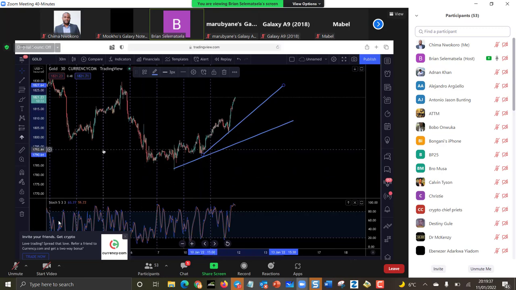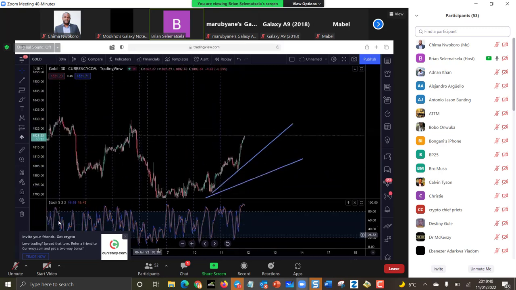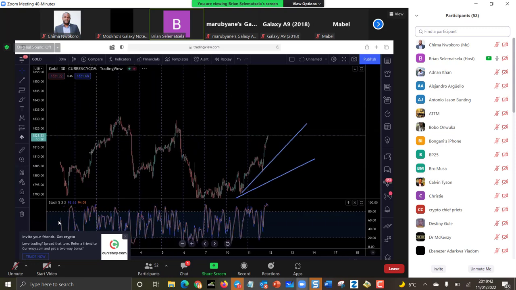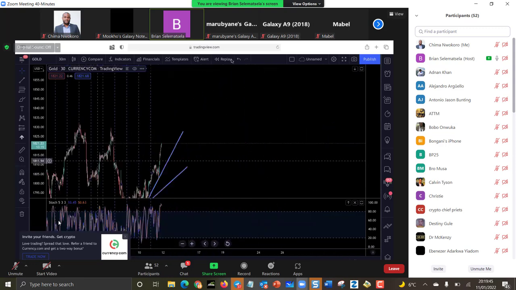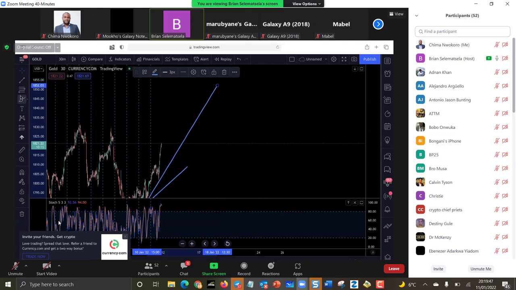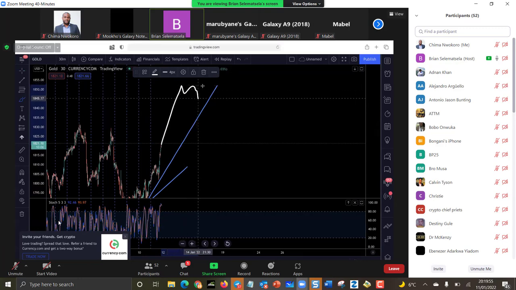So even if it goes up like crazy to here, when it starts to consolidate and it breaks the first layer, that's when you know, okay, this thing is about to go into the opposite direction. So just simply wait for it to break the first layer.